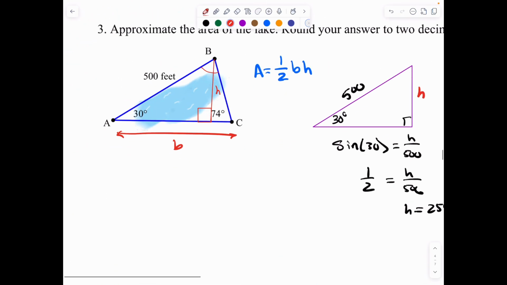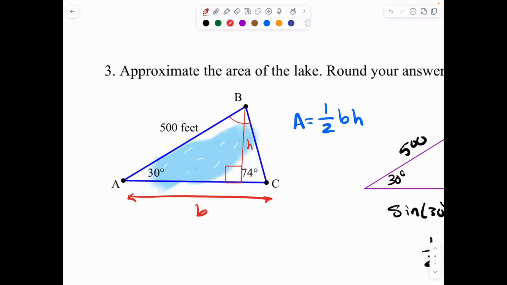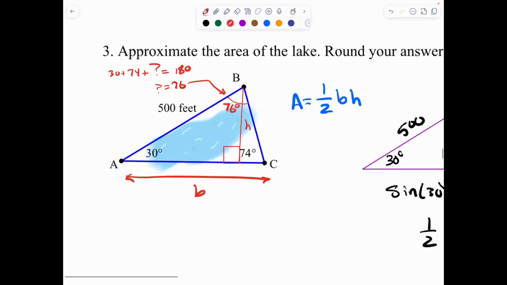So that top angle is going to be 76 degrees, I believe. You want the total, so 30 plus 74 plus question mark is equal to 180. So the question mark is 76. So that's 76 degrees.